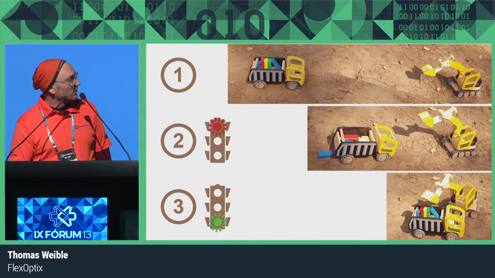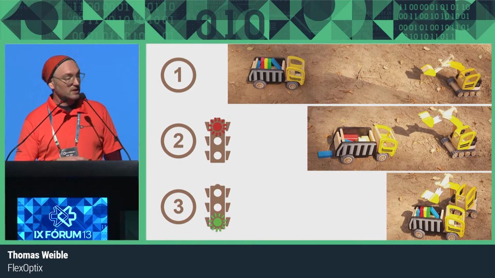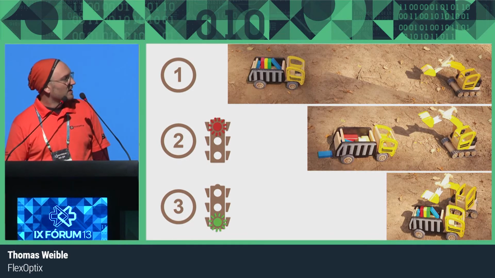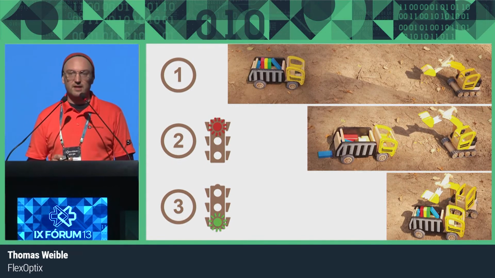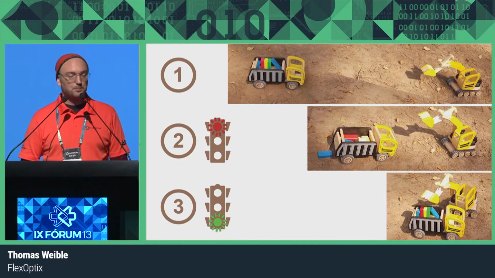In the second step, the lorry hits the dodgy road, the bricks are disordered somehow, and even one is falling off. And on the third stage, on the receiving side, the excavator is the FEC decoder, and he brings all the bricks back in order so that it can be handled by the post-processing systems like the ASICs.